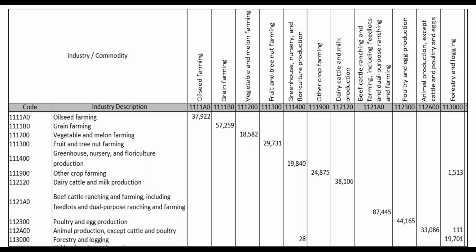But you'll also note that there are a few industries here that are making more than one commodity. So you see that other crop farming, in addition to making other crops, also makes some logs and roundwood as a byproduct. And we also see that forestry and logging not only makes logs and roundwood, but also makes some greenhouse, nursery, and floriculture products.